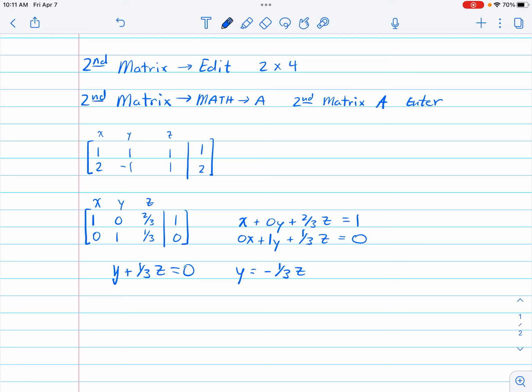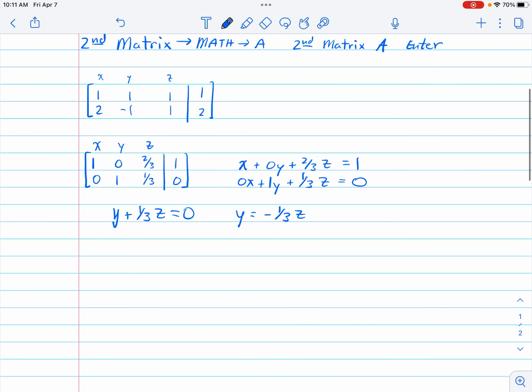Okay, now that's a start here. Now I go back and look at this one. I've got x plus 0 plus 2/3 z equals 1. So now I get that x is equal to 1 minus 2/3 z.